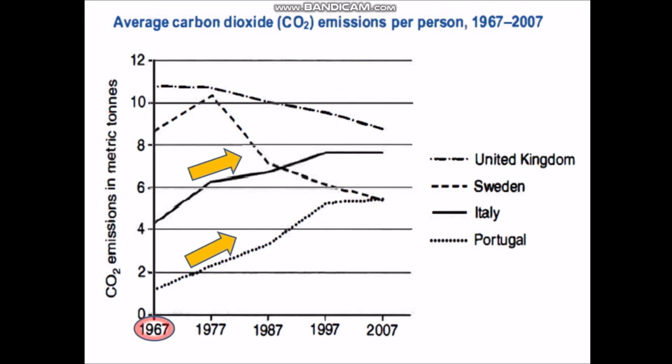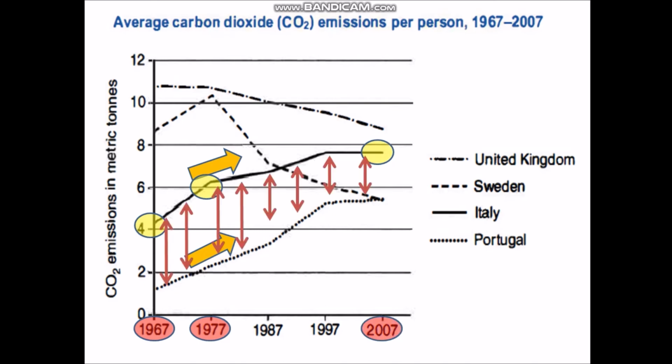I chose to present Italy's CO2 emission in 1967, which was about 4 metric tons, and rose to almost 6 in 1977 and peaked at roughly 8 metric tons in 2007. I will also mention that Portugal experienced a similar pattern with a 2.5 metric tons gap or difference.